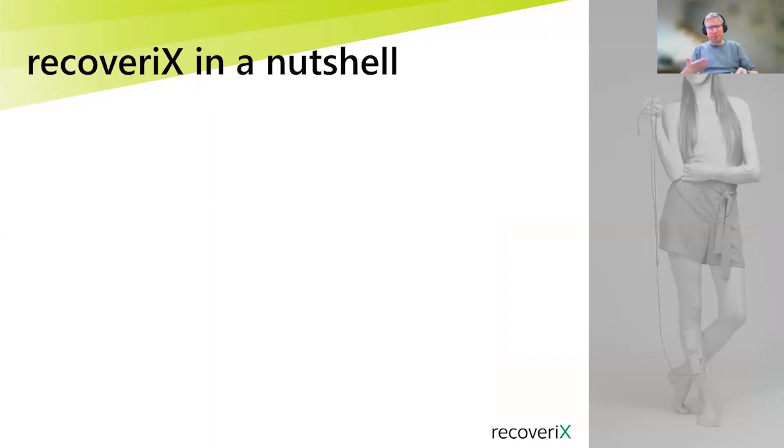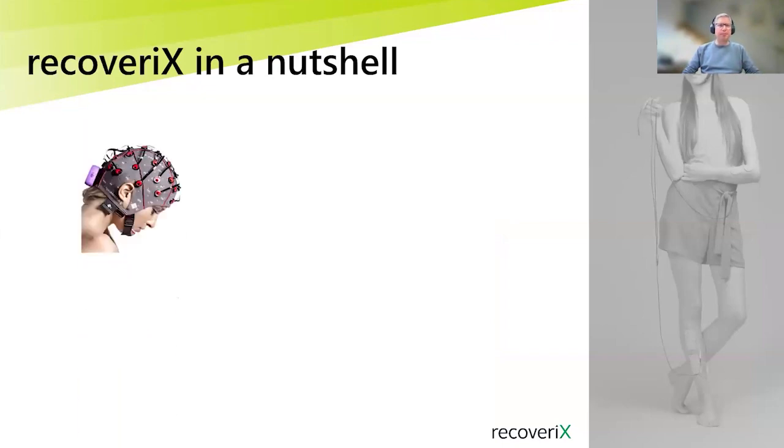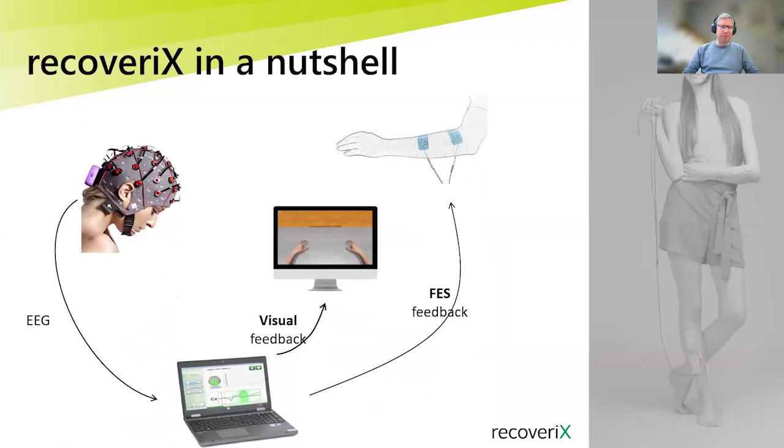So how do we do our recovery stroke rehabilitation? We are measuring the brain signals with EEG, and then we have these 2 modalities of real-time feedback. The visual feedback, where we show the avatar of the patient from the first-person perspective.